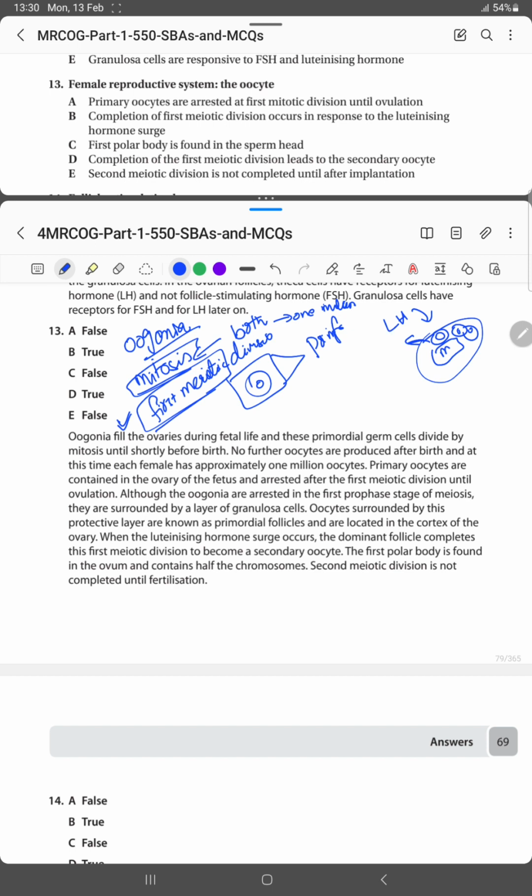At this stage, the first meiotic division is completed, and it is converted into a secondary oocyte, and the first polar body is formed, and the ovum contains half the chromosomes.